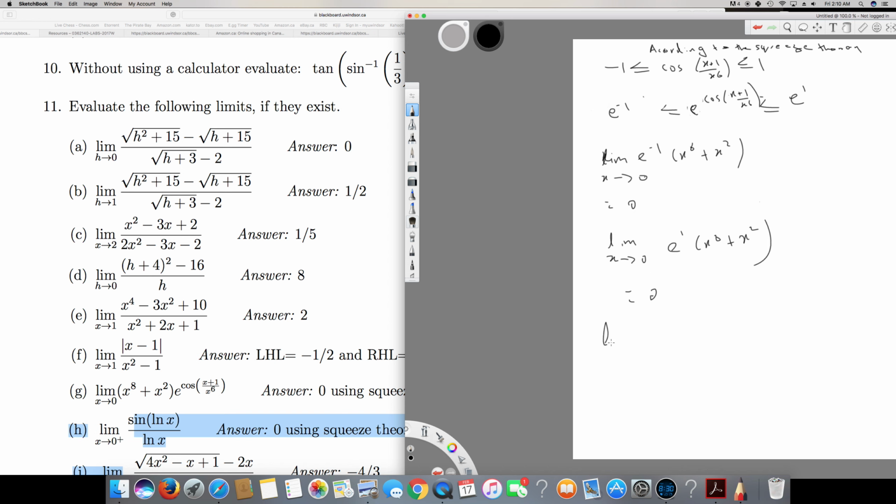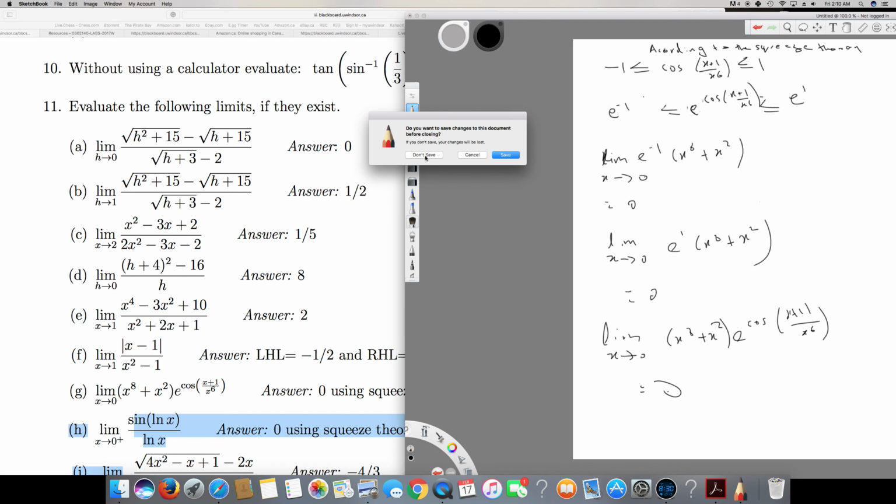The limit as x approaches 0 of (x to the 8 plus x squared) times e to the cos of (x plus 1 over x to the power of 6) is also equal to 0. So this is the answer for this question.